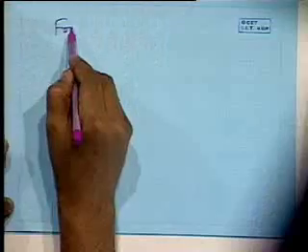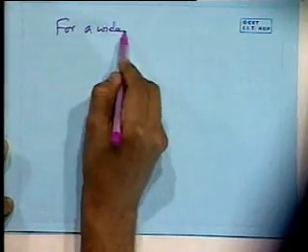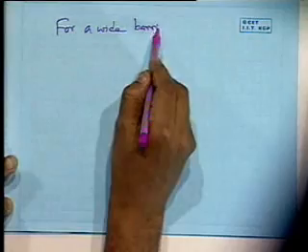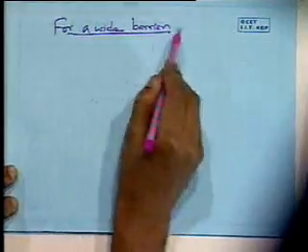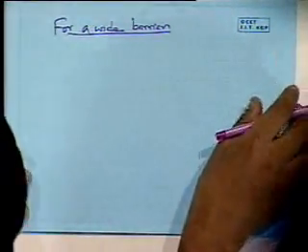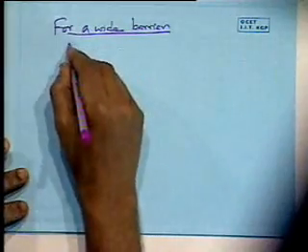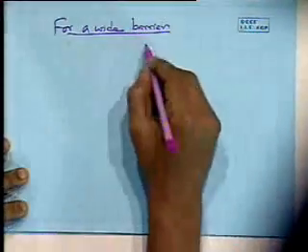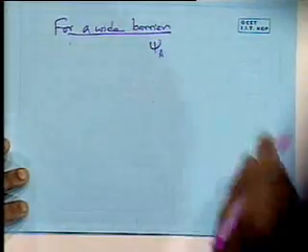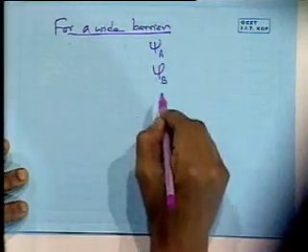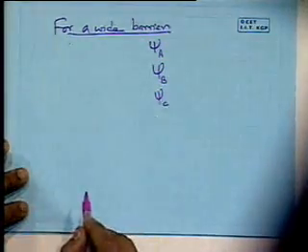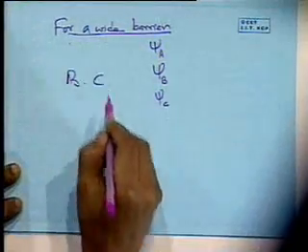For a wide barrier, the solution with appropriate boundary conditions. So we will have a psi, let's say for the A region, psi for B region, and psi for C region. Okay, because there is a finite probability of the wave being in any of these regions now. And applying the boundary conditions, we get a solution.